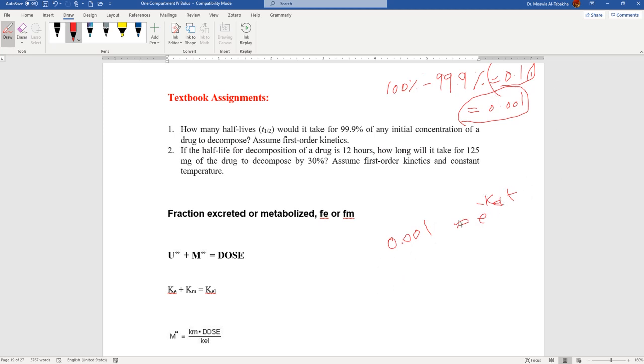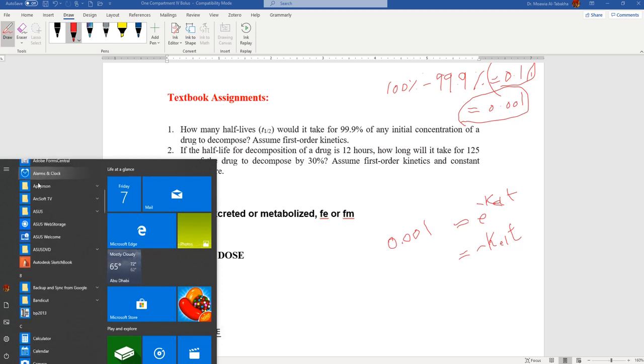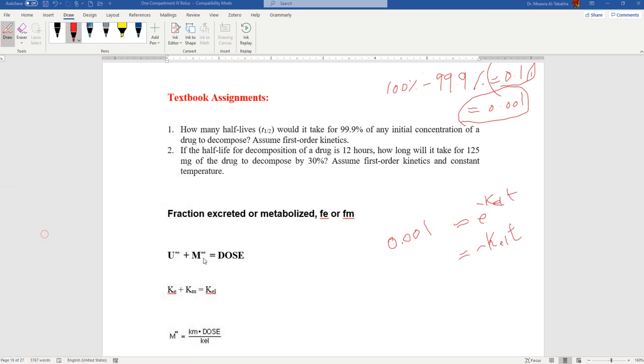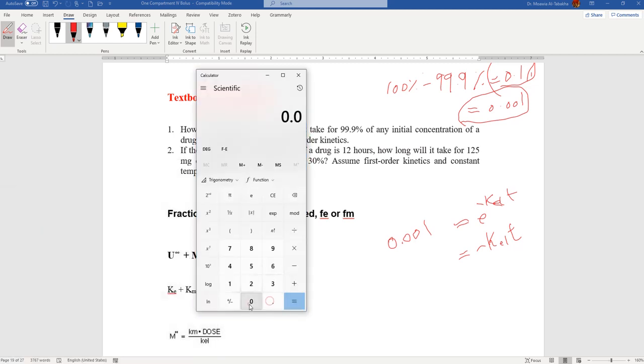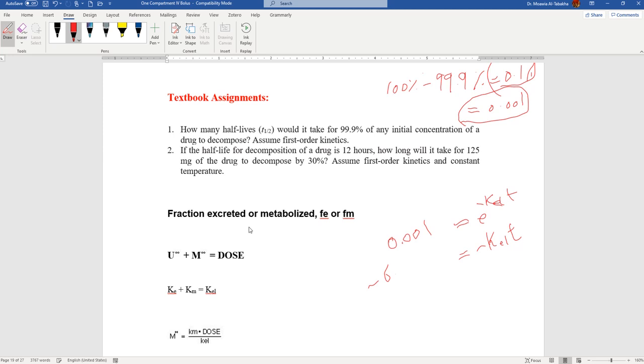If you take ln of both sides, بصير عندنا from this side we have minus KL في T, and from the other side let me calculate what is ln 0.001. It's minus 6.908.